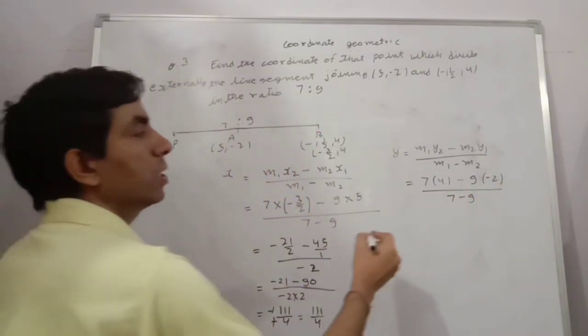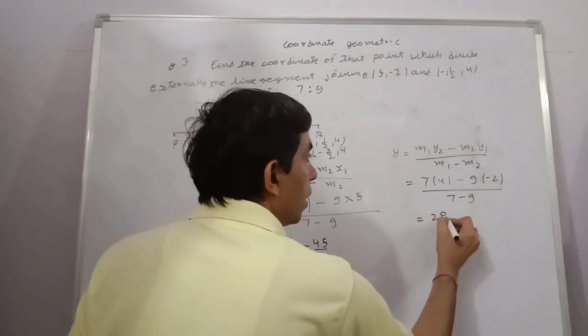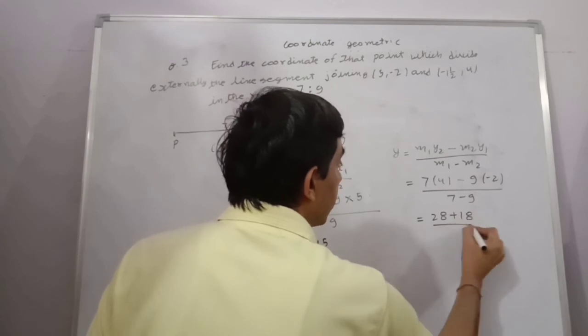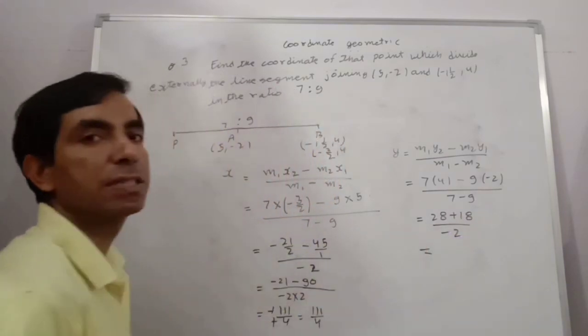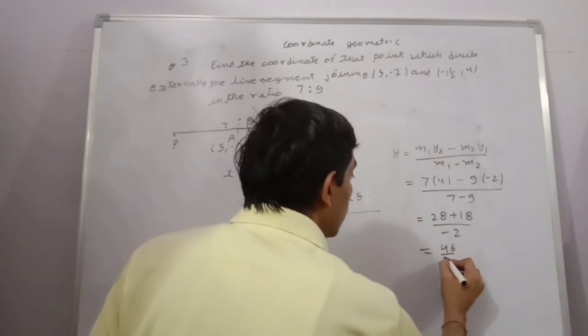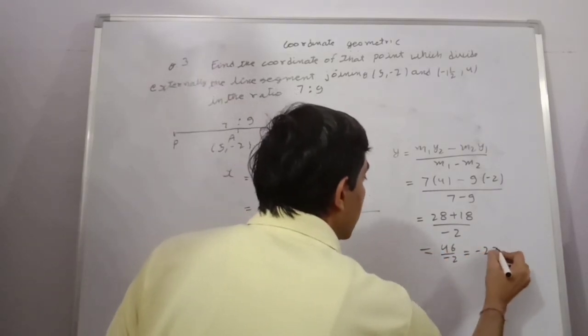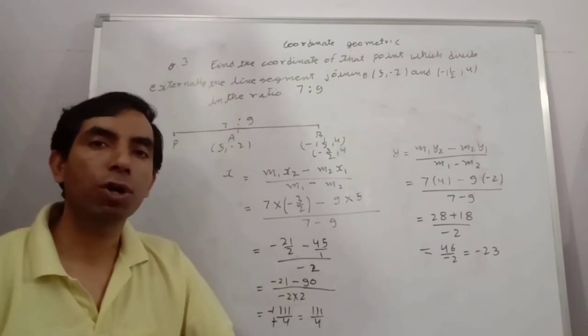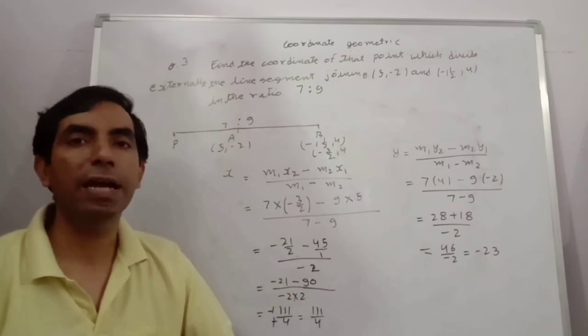After solving, 7 times 4 is 28, 9 times 2 is 18, upon -2. 28 plus 18 means 46. 46 upon -2, then we get -23. By this method, we can calculate the coordinates of the point which divides the line segment externally.